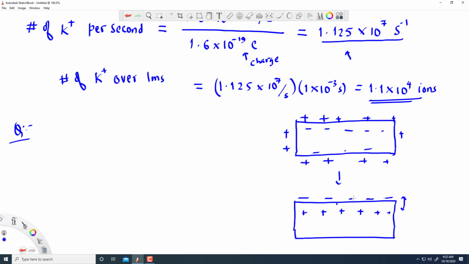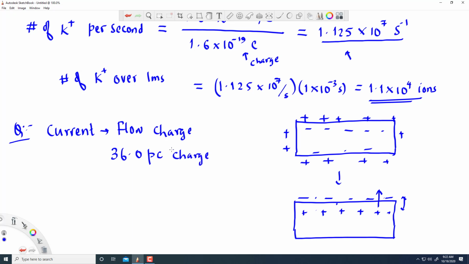So what it says is, during the depolarization there is a flow of charge. Okay, there is flow of charge from inside to outside, and whenever there is flow of charge, we know there is current. Okay, current we know is defined as flow of charge, and it says that 36 picocoulomb of charge flows in 2 milliseconds.